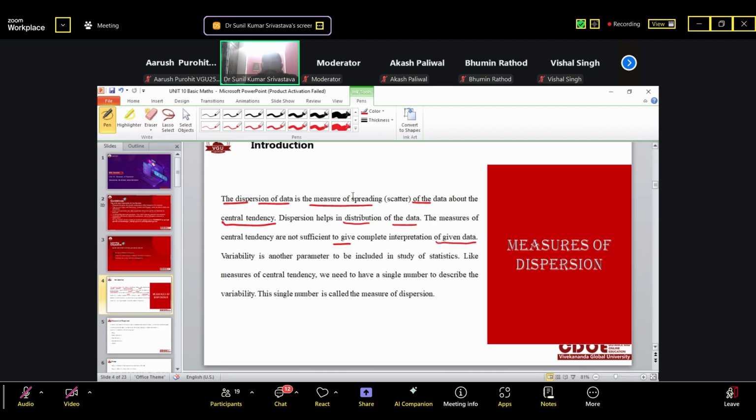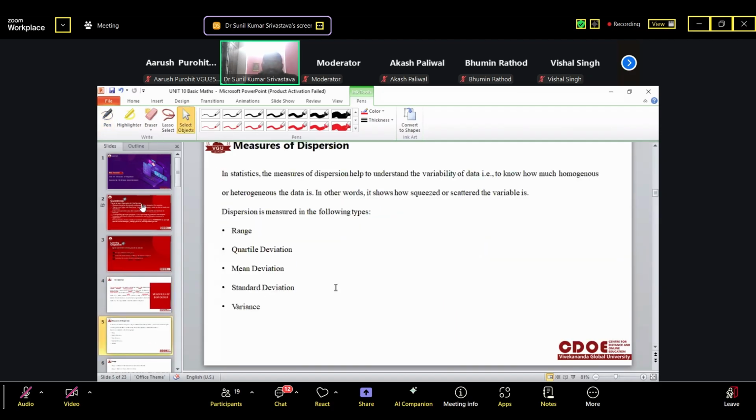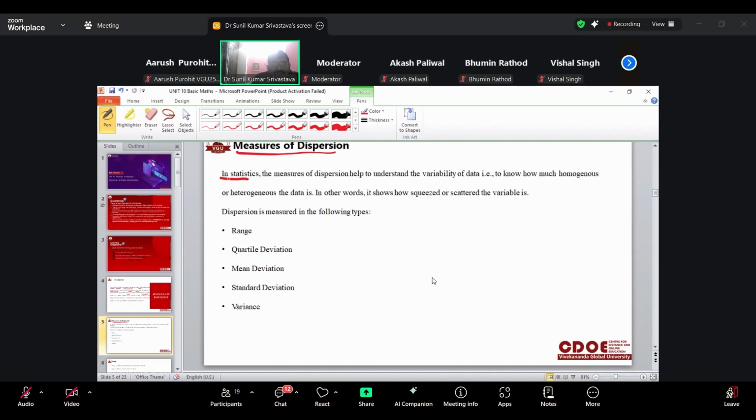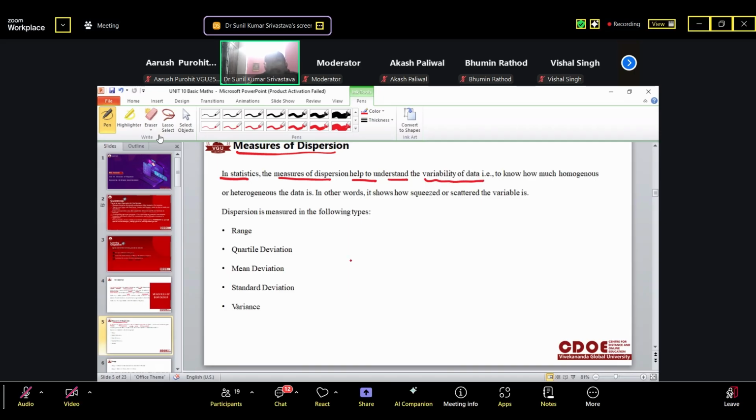So these are the key points, and we are going to start our sessions related to this terminology. Before reading the measure of dispersion, we have to know some key points in a very systematic order. In statistics, the measure of dispersion helps us understand the variability of the data, that is, how homogeneous or heterogeneous the given data is.